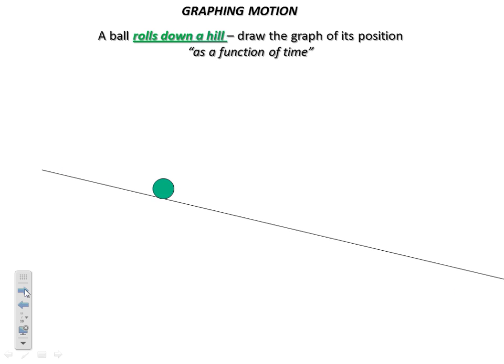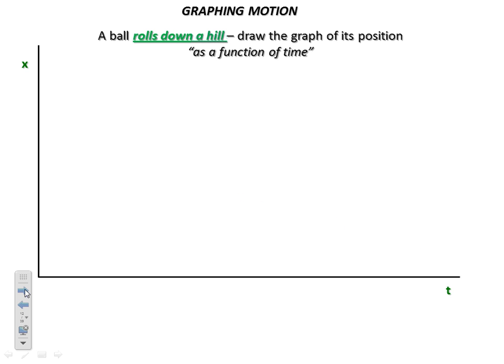We want to show that here. Think about what you know about a position and time graph, and how you show what we want to show with that ball rolling down a hill. So pause, think, and draw with a pencil.